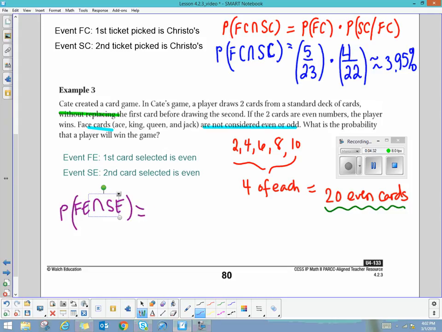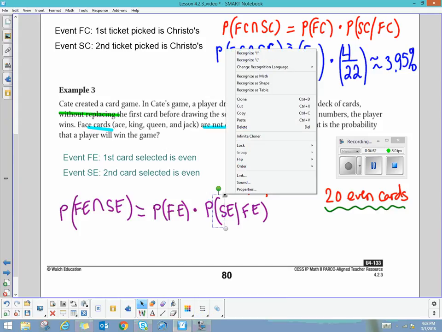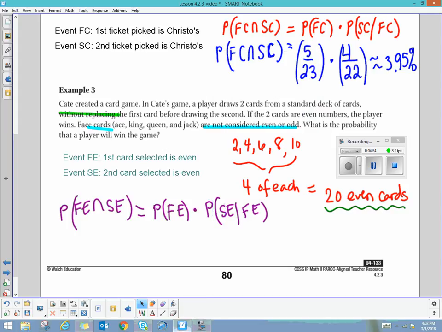So this is going to be equal to the probability that the first card selected is even times the probability that the second card selected is even, given that the first card selected was even. So once again, like before, let's substitute what we know.